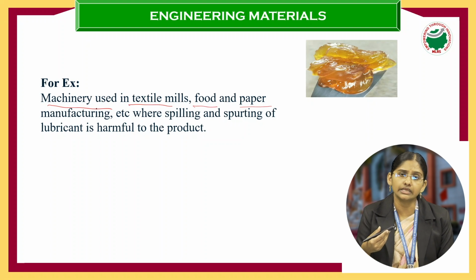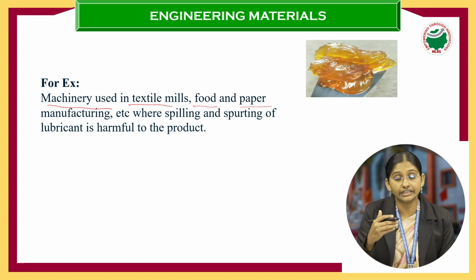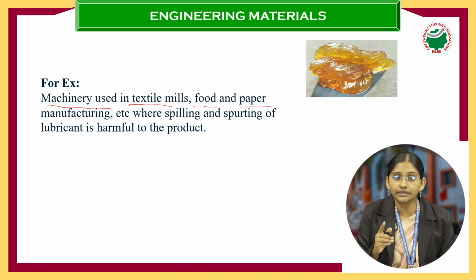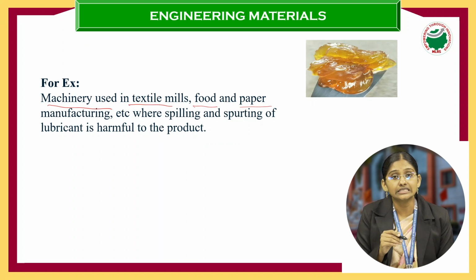Because if we use the liquid lubricant, sometimes the liquid spills on the paper, or in the food, or on the cloth. The lubricant you are using should not damage the product. So that's why in these kinds of machinery, the semi-solid lubricant is preferable.